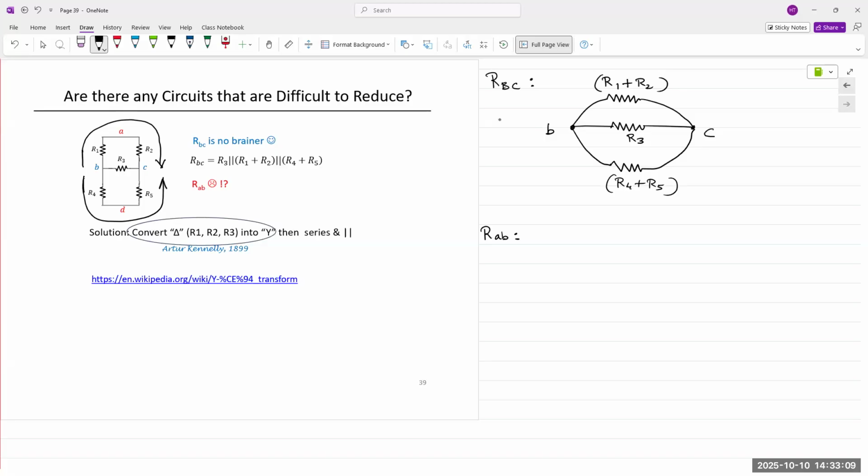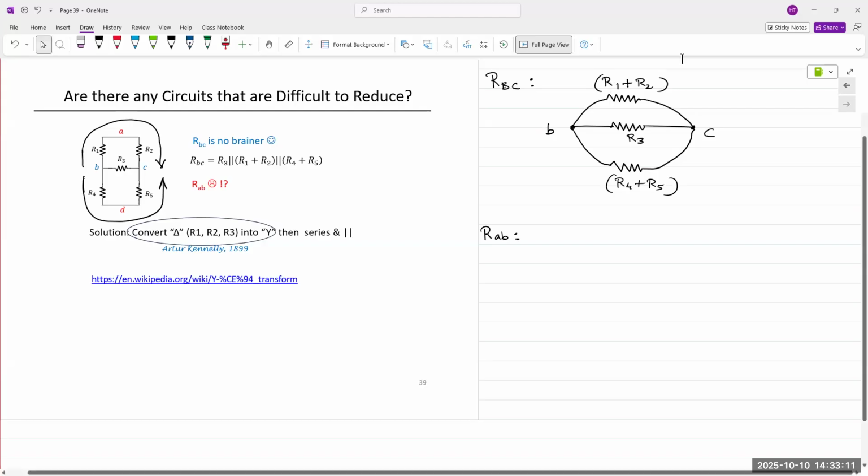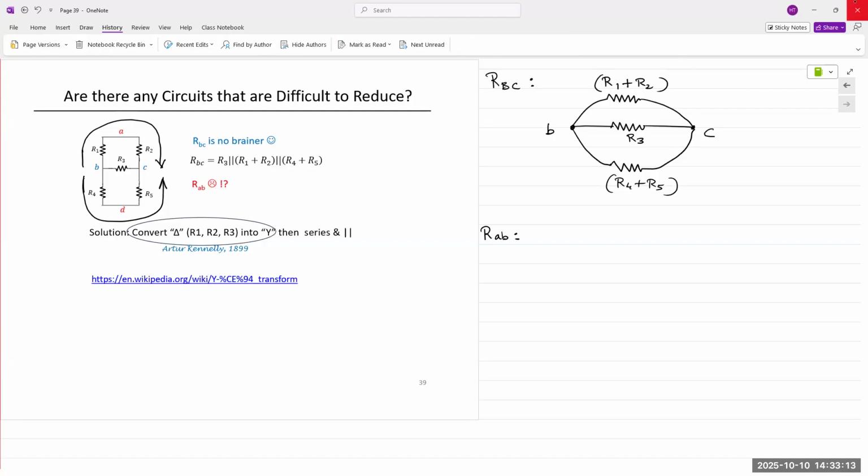So let's draw the circuit. We have this around. We have 2 resistors here, 2 resistors here, one in the middle, and then A is at the top. B is on the left here. I'm trying to measure the resistance between A and B.